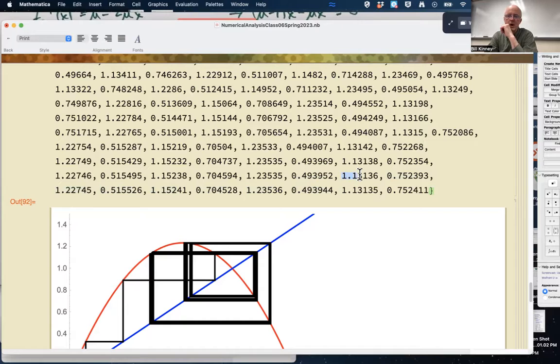Start there, you have to go 1, 2, 3, 4, 5, 6, 7, 8 iterations to get back to close to where you started. Now 1.13 and 1.15 are not very far away from each other, but you can see there is a clear distinction between them in the pattern. We're approaching an 8 cycle now.